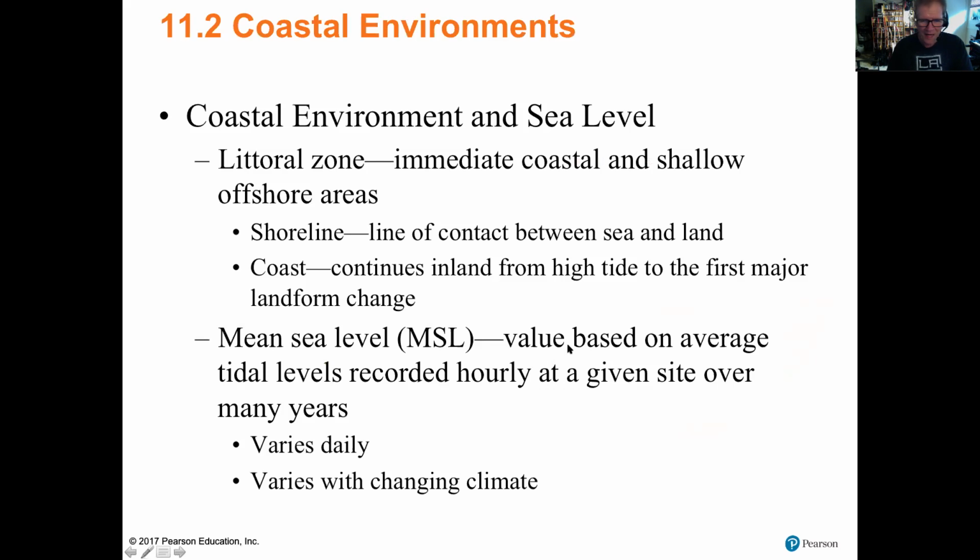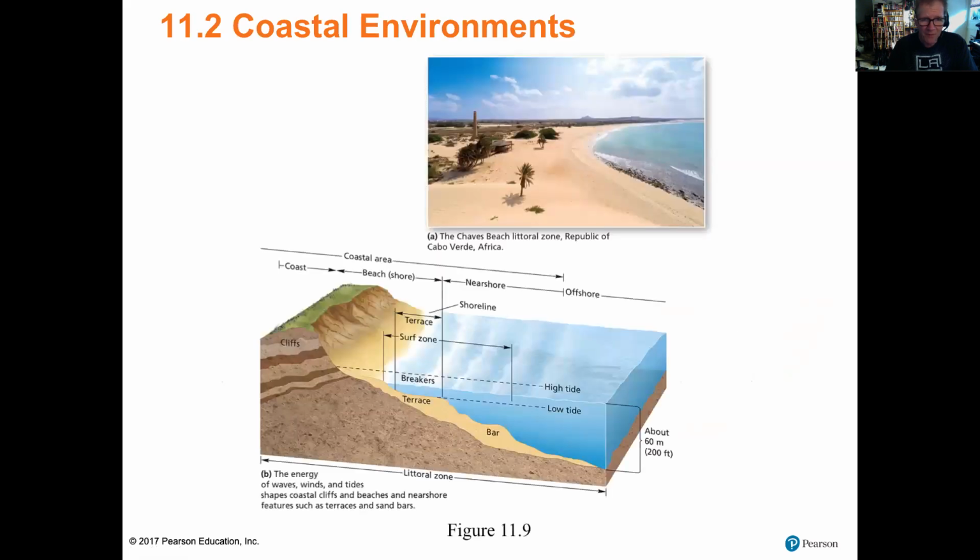Well, it's the value based on the average tidal levels recorded hourly at a given site over many years. It's going to vary daily, and it varies with the change in climate. You can look on the news, look online, and it'll always tell you what the high and low tides are, and then the average of those recorded hourly over the course of the day will give you the MSL, the mean sea level. So this is in your book, so make sure you know these.